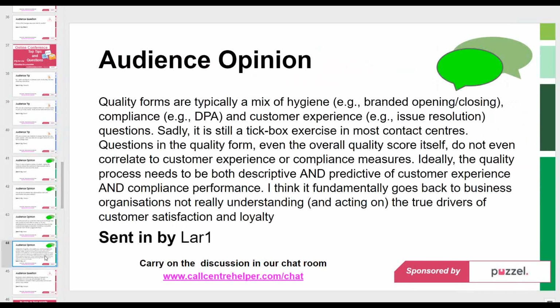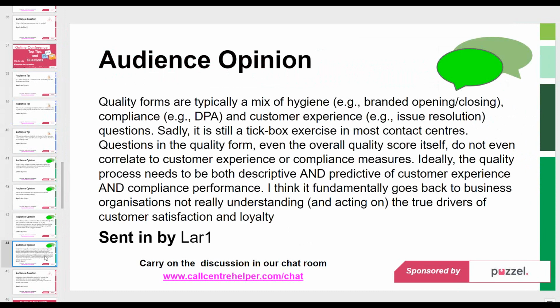Got a long one here from La, who says, quality forms are typically a mix of hygiene, i.e. branded opening, closing, compliance, Data Protection Act, customer experience. I've certainly seen lots of ones like this. Sadly, it's still a tick box exercise in most contact centers. Questions in the quality form, even the quality score itself, do not even correlate to customer experience and compliance measures.